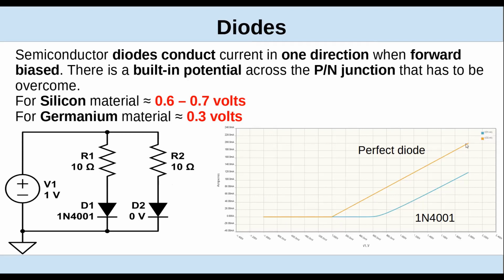And that slope of that line is just due to the 10 ohm resistor. If you see on the real diode, it's about 0.6 volts where that curve starts. And then the slope of the line is slightly less because you have some internal resistance in the diode in addition to the 10 ohms, which is why they're not perfectly parallel. Any questions so far?